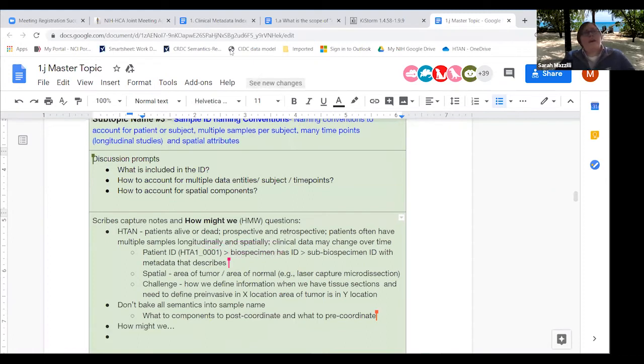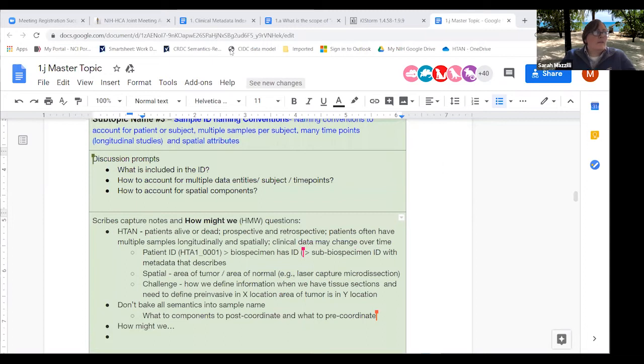Yeah, so I think the DCC within the HTAN agrees with you, and they are not using that approach. For each patient ID, I just put an example in the sheet. This is what a patient ID would be. A biospecimen sample might have a similar thing, but it's not going to extend past that.